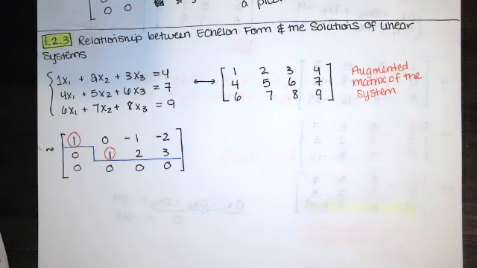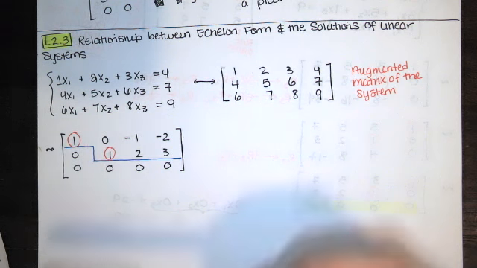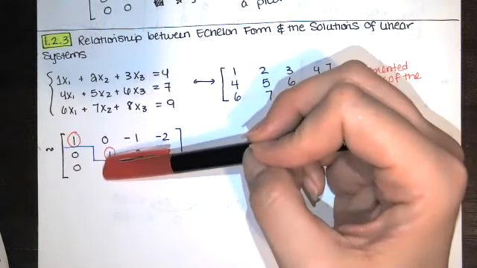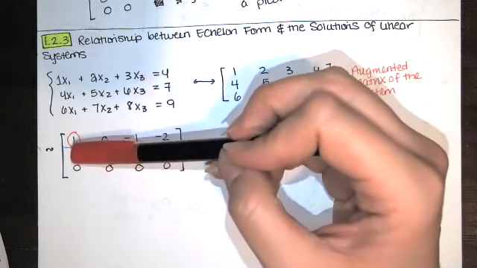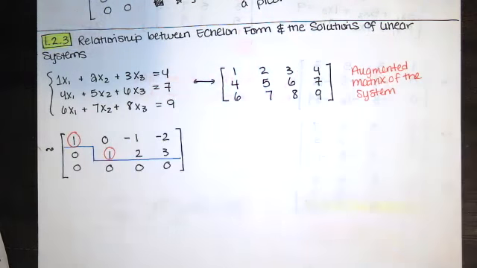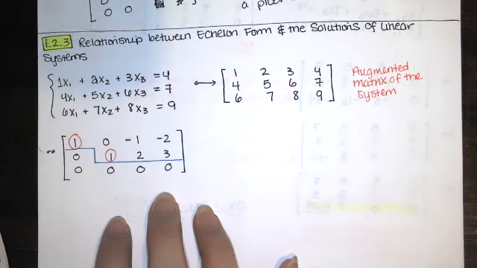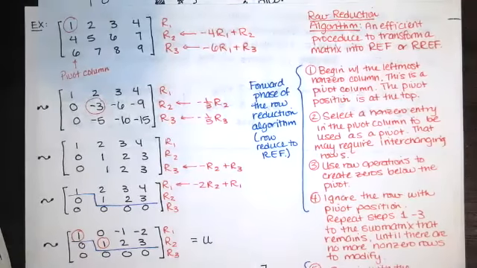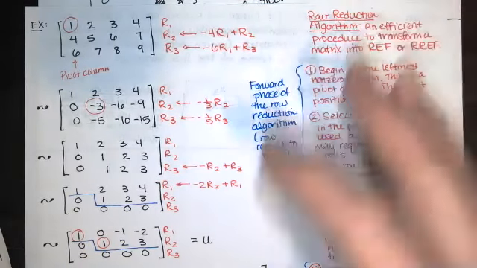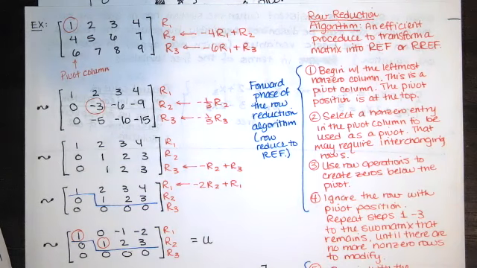It's reduced row echelon form because in addition, our pivots are equal to 1. So we've got leading 1s rather than other numbers. And in each of those pivot columns, the 1s are the only non-zero entries. The other entries are zeros. So this is the reduced row echelon form of this augmented matrix. And this is the process that we followed last time in order to get it, in much more detail.